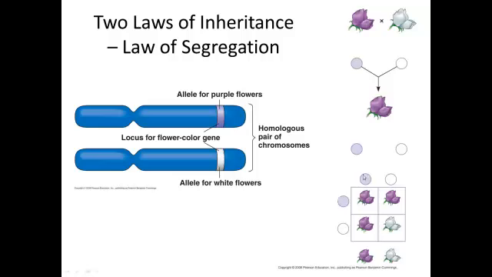Here we have a purple pollen fertilizing the purple egg, and you get a homozygous purple flower. For these two, you have purple meeting up with white alleles with heterozygous purple flowers. In other words, they have an allele for purple flowers and they have an allele for white flowers, making them heterozygous.